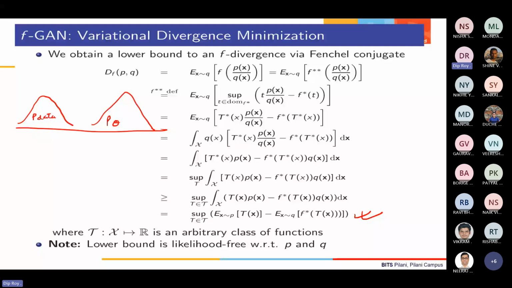Because we are working with samples, and because we have a min-max problem going on everywhere, with a discriminator whose objective is diametrically opposite to that of the generator, we are not able to converge properly.